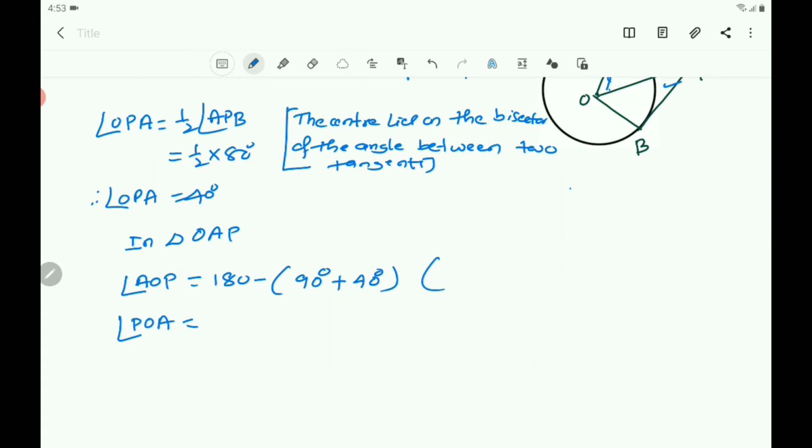Here you can write the reason: angle sum property. Angle POA, that is nothing but angle AOP, is equal to 180 degree minus the sum of 90 and 40, which is 130 degree, that equals 50 degree.